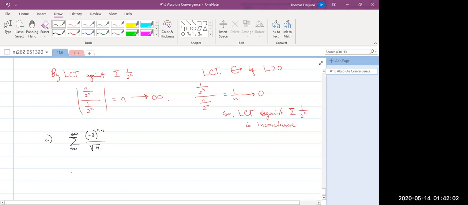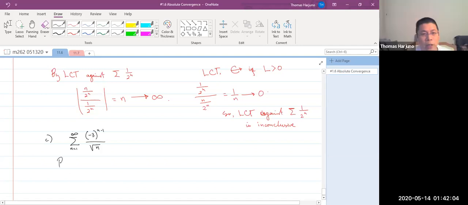Let's do ratio test first. By ratio test, I will get -3 to the power of n over square root of n plus 1, times square root of n over -3 to the power of n plus 1.